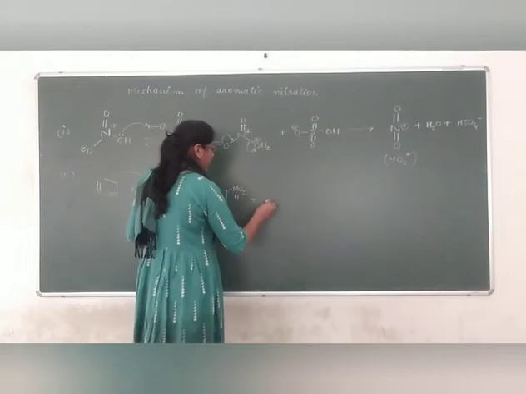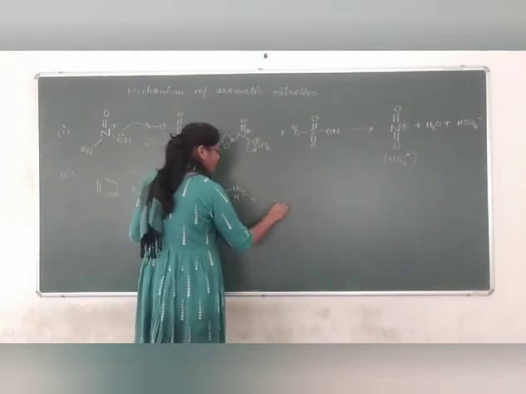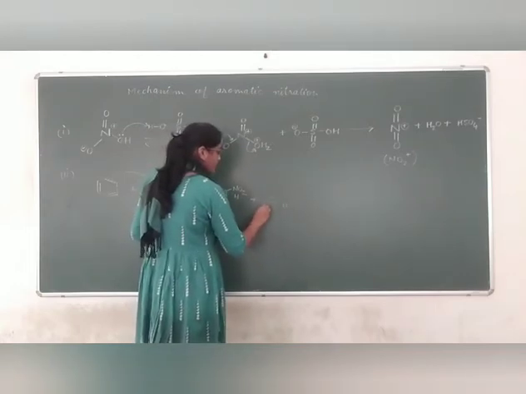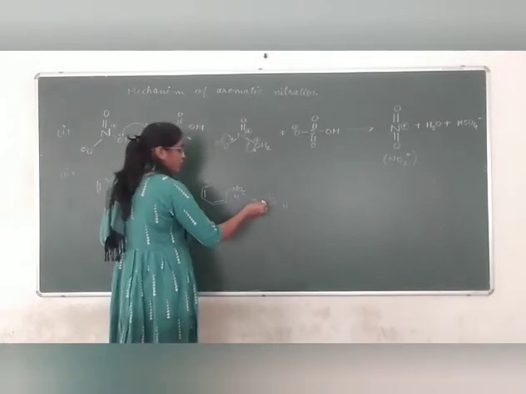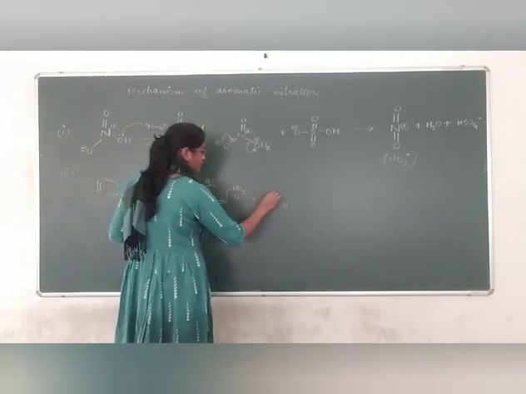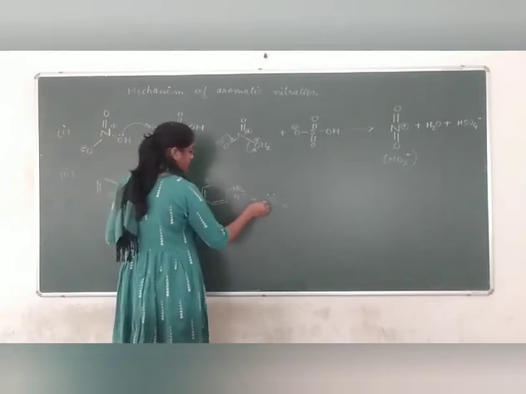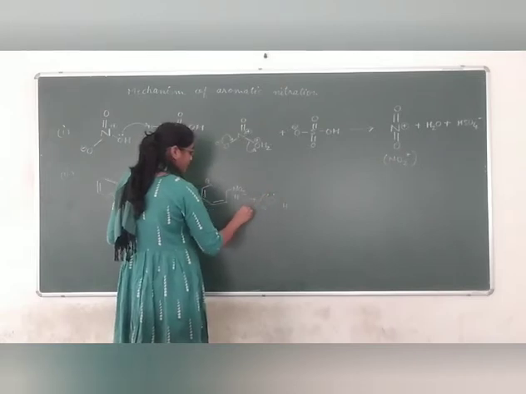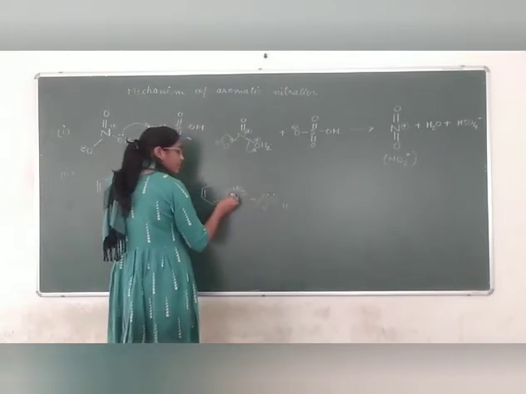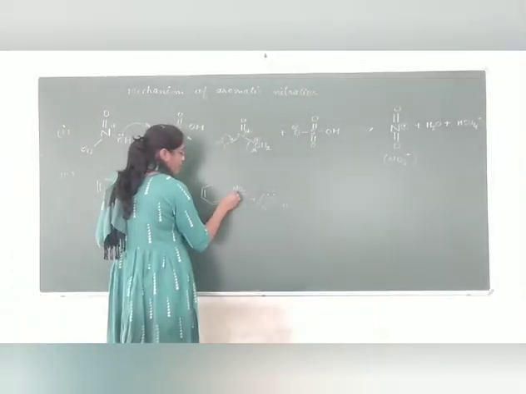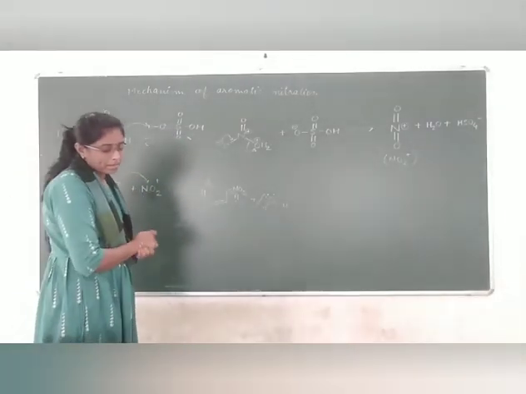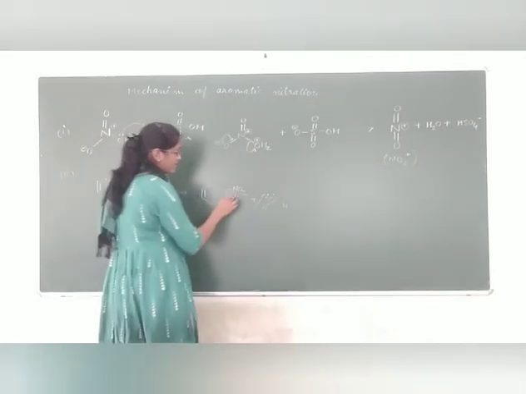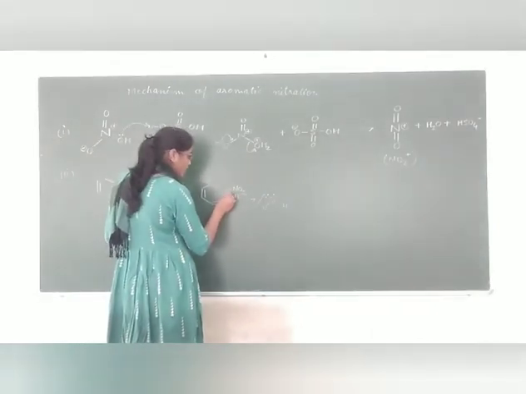And now the lone pair of this H2O molecule, one pair, attacks this hydrogen, meaning this hydrogen breaks its bond over here, meaning we can say directly it comes over here.